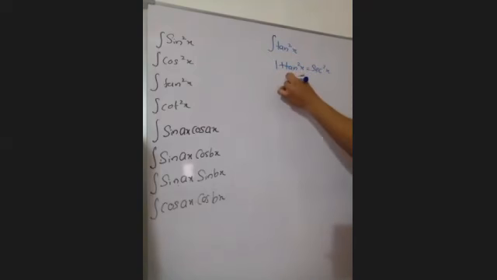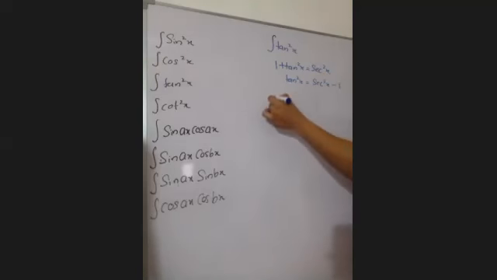With that, tan squared x equals sec squared x minus 1. Then the integration of sec squared x is tan x, and the integration of 1 is x, plus c is the final answer.